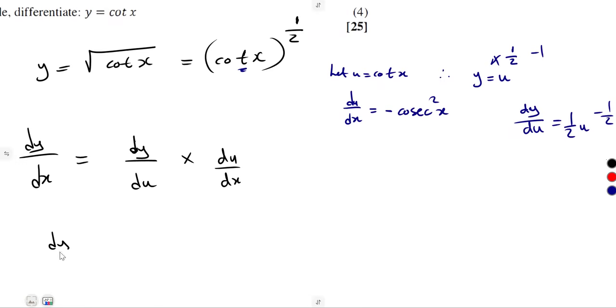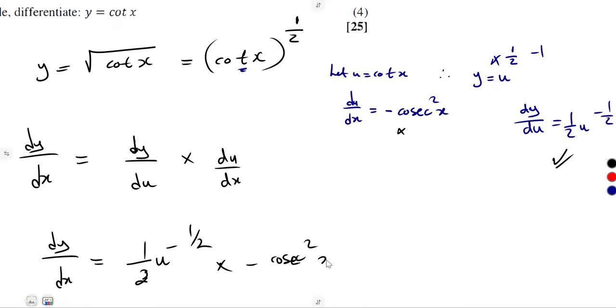So that is the derivative of y with respect to x, dy du. That is this one, 1 over 2 u to the exponent of a half, times the derivative of u with respect to x, negative cosec squared of x.